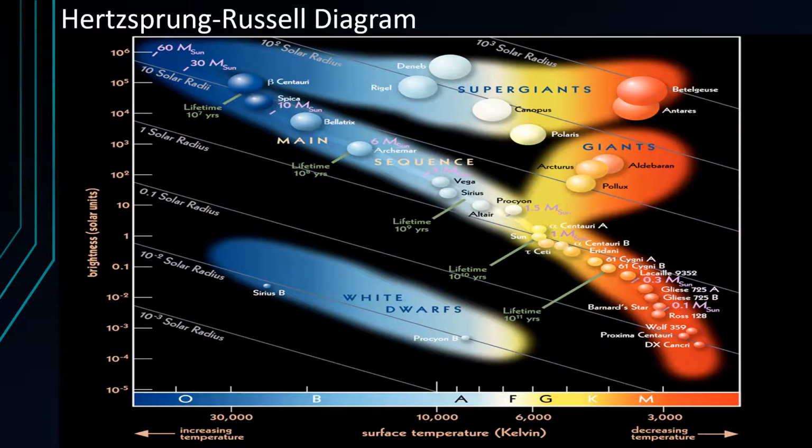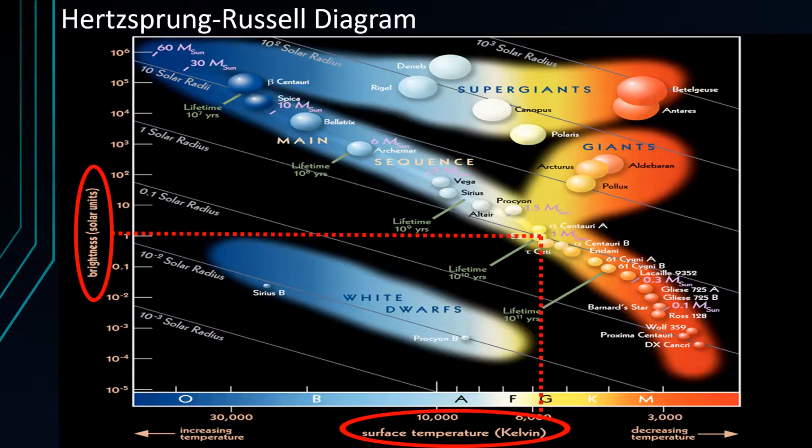And our star is right here. So everything on the HR diagram is actually going to be in relation to the sun. So our star is the biggest indicator here. So there's lots of things that we can learn from this.